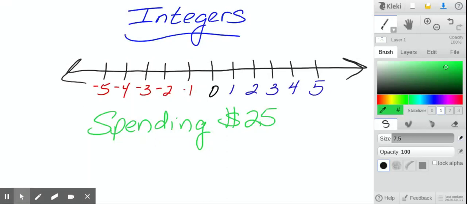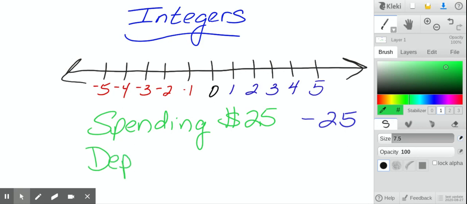How would I represent that as an integer? Now, would that be a positive 25 or would that be a negative 25? Well, if you're spending money, you're giving some of your money up, you are going to represent that as a negative 25, right?